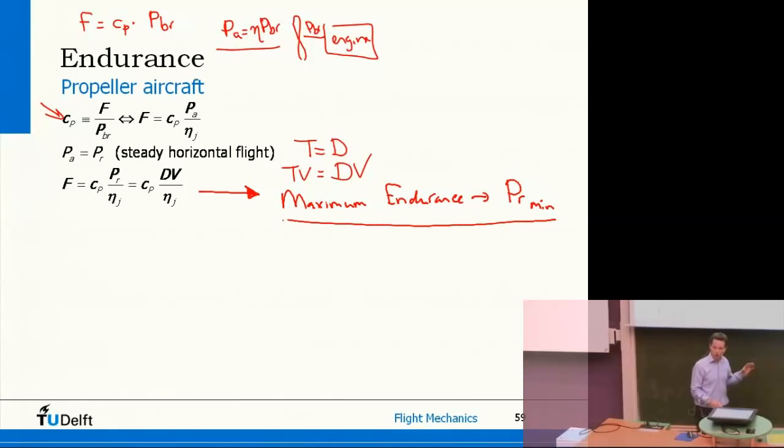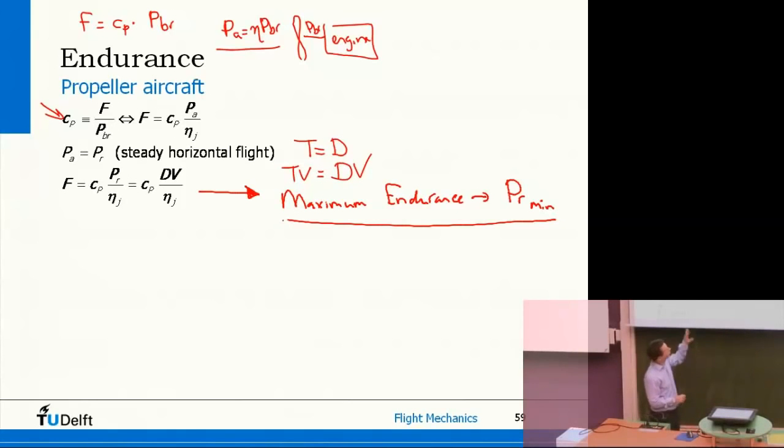So power required is aerodynamic drag multiplied with velocity. In other words, from lift is equal to weight, we find velocity is the square root of weight over S, 2 over rho, 1 over CL.